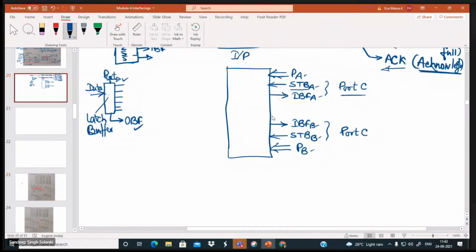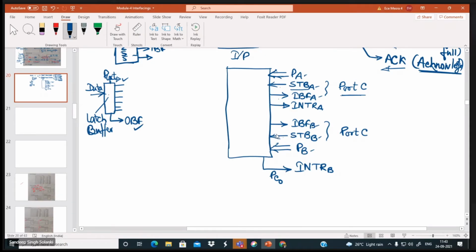So what has been left out? The left out part is your INTR. What is that? INTRA, and also what you have here is INTRB. Which is this pin? The answer is PC0.